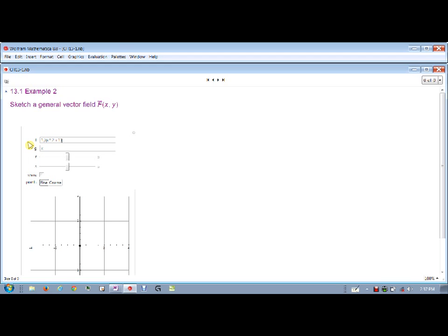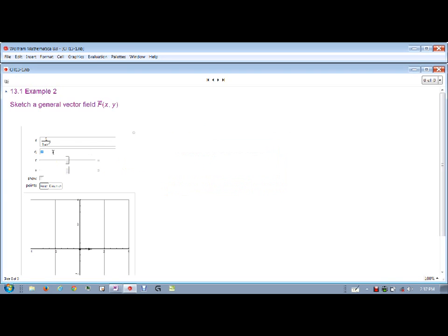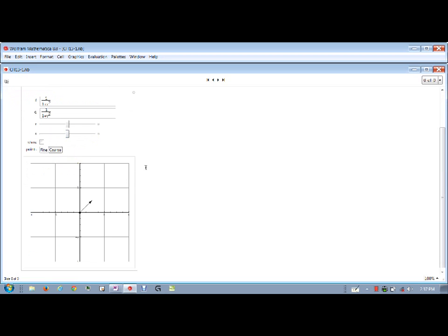Won't that always keep my denominator defined? Yes. And then over here, 1 over y squared plus 1. See what happens. I'm just making up our own vector field. And I'm going to show a coarse representation.